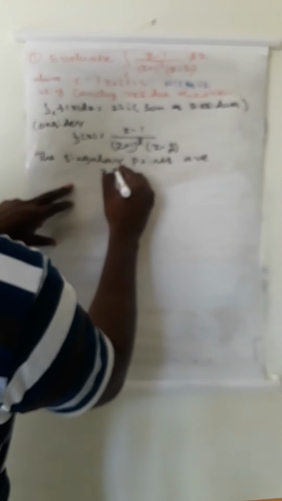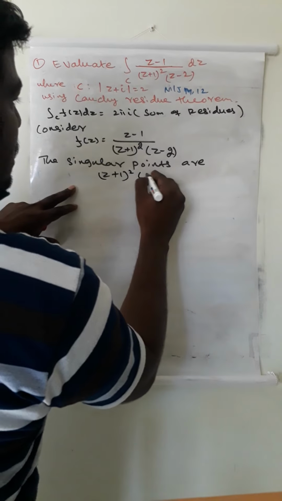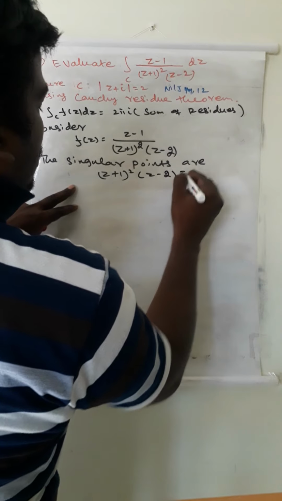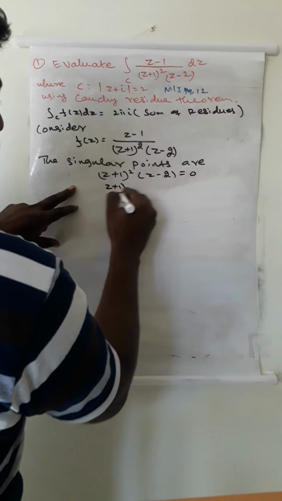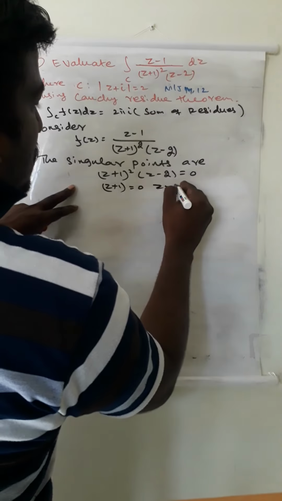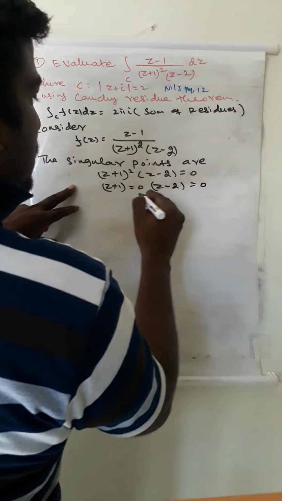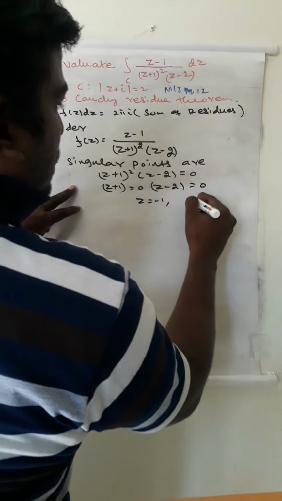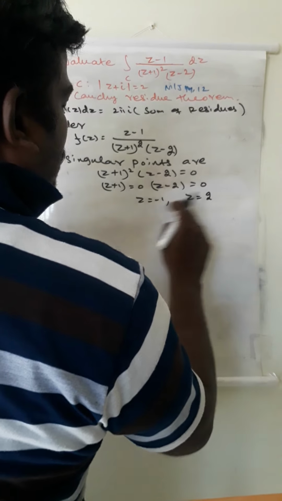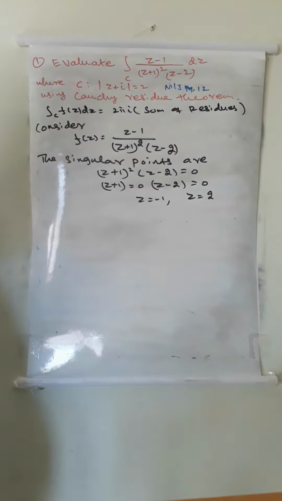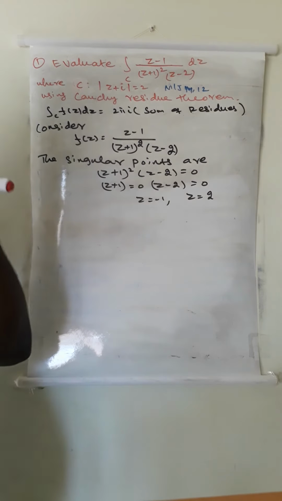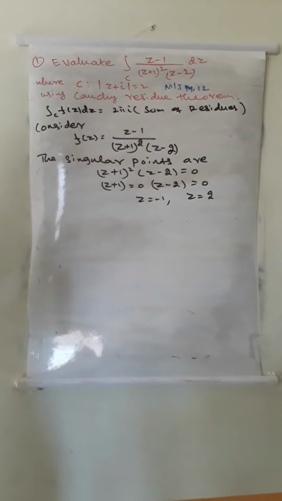So (z plus 1) whole square into (z minus 2) equals 0, that means z equals minus 1 and z equals 2. Therefore there are two singular points, and both are poles.